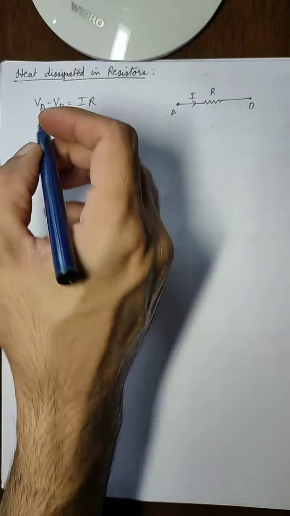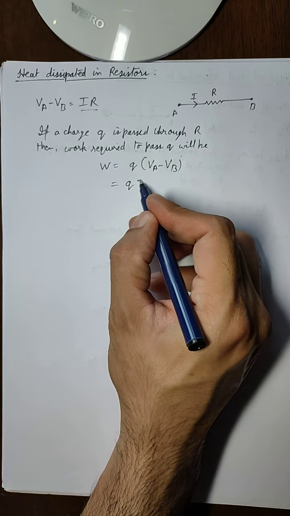This formula we did in one of the previous videos. So in this case, W will be equal to Q into IR joules.